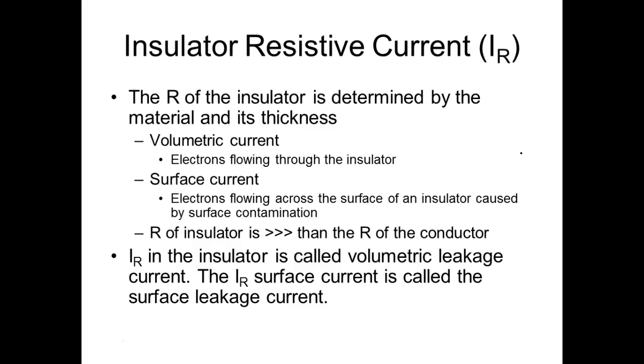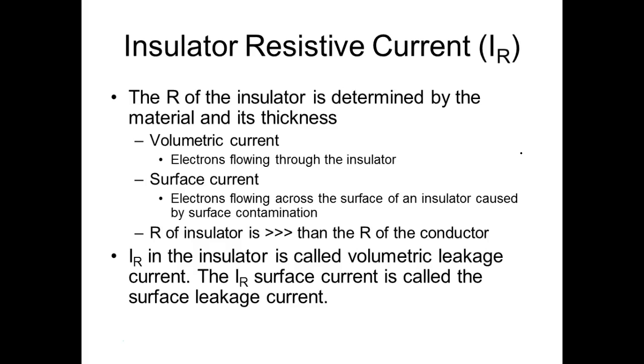What do we call that? Surface. Of course, R of the insulator is much, much greater than the R of the conductor. Everybody understand that? The current in the insulator is called volumetric current. The surface current is called the surface current.